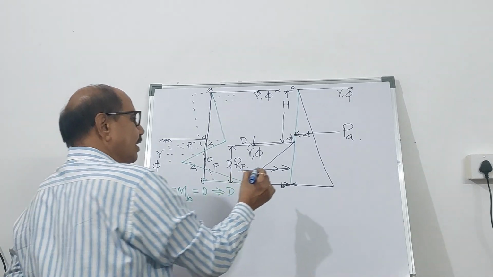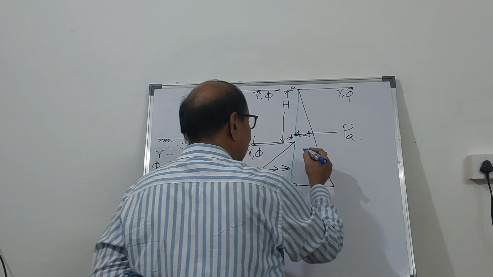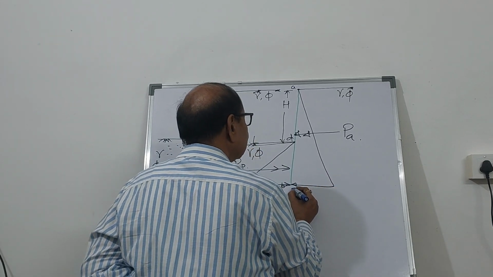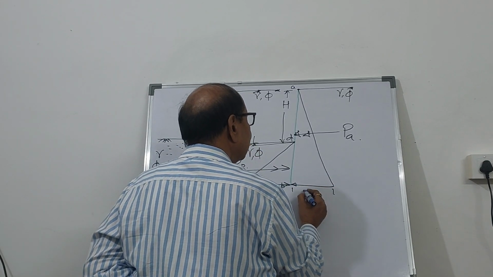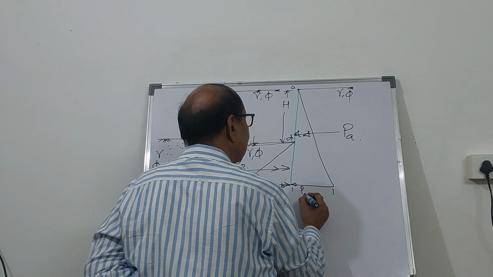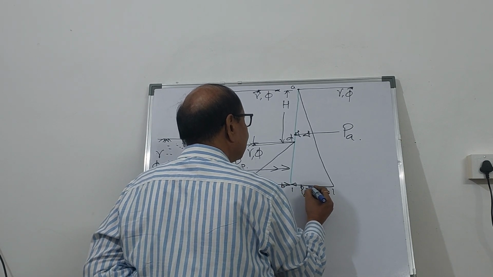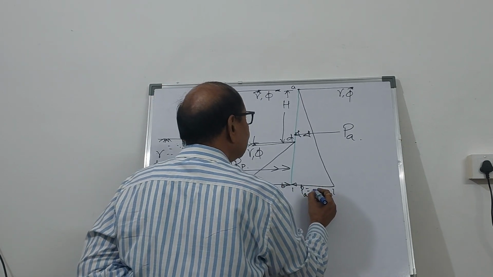So in the simplified approach, this is active. So total height is going to be H plus D. Naturally, this pressure here, which is small pa, the active earth pressure, will be how much?